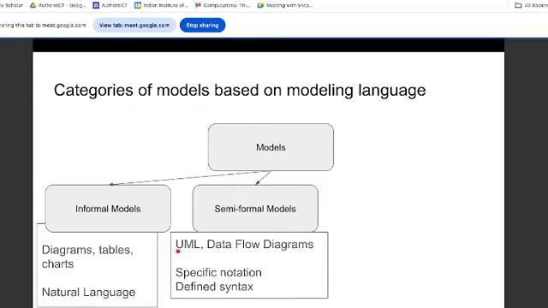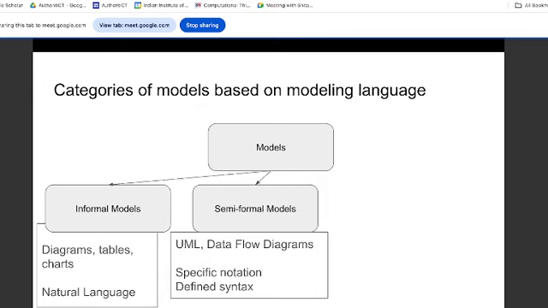Now talking about the examples in the semi-formal models, there is unified modeling language, UML, and then there are DFD, that is data flow diagrams. So those are the examples of semi-formal models.